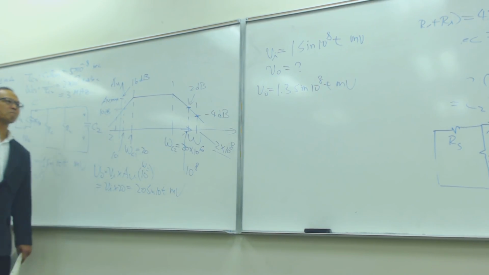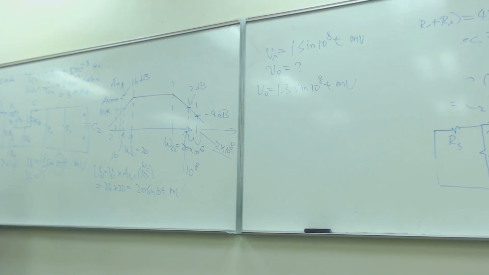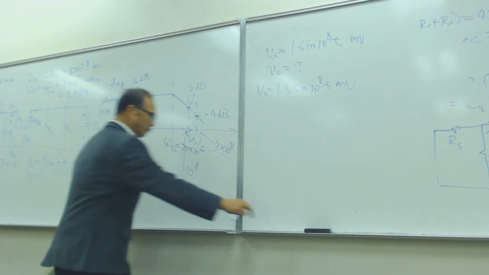Okay? That is also about times 3 for the previous example. 10 dB is about 3. Oh, okay, sorry, so it's 3.